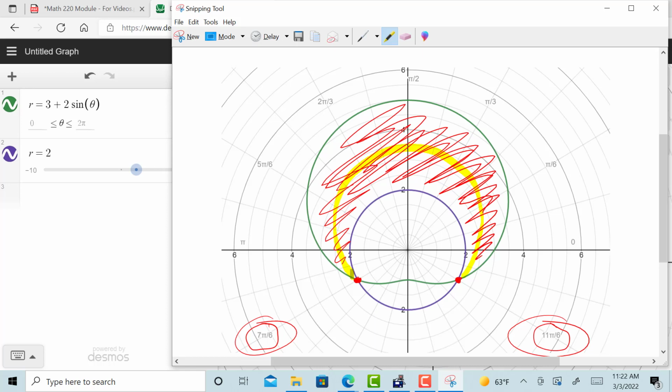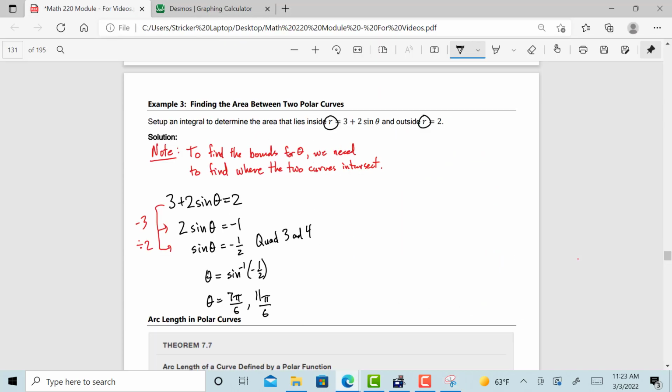The problem with that is that we need to go from a smaller angle to a bigger angle, and this 11 pi over 6 is actually bigger than 7 pi over 6. So equivalently, we could say instead of 11 pi over 6, how about negative pi over 6? Negative pi over 6 as our angle.